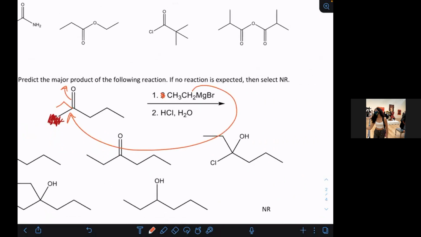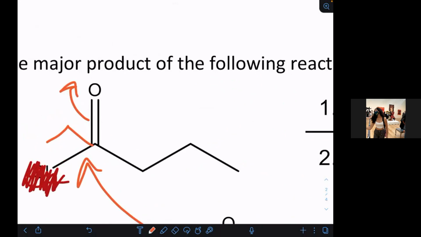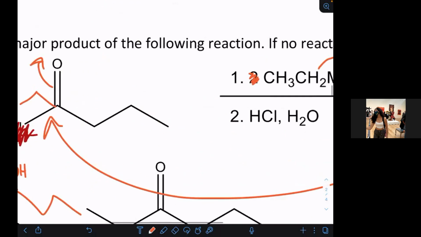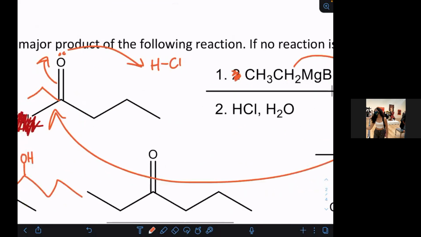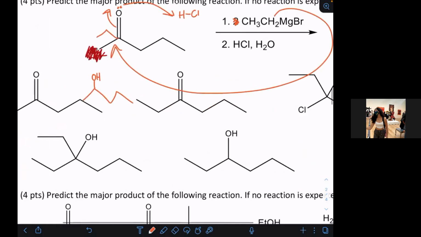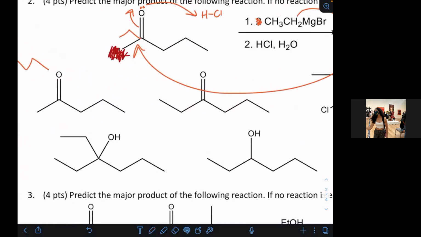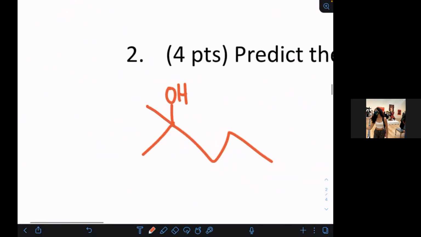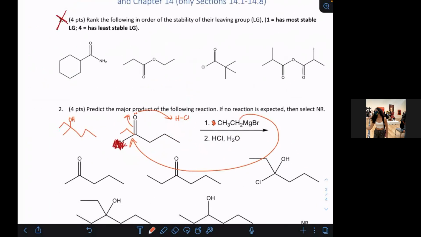I'd have to redraw it. And then it's with HCl, so this would take that hydrogen. So I think it would just be that, right? Oh wait, but also with the CH3, CH2. Is that accurate for a Grignard reagent?